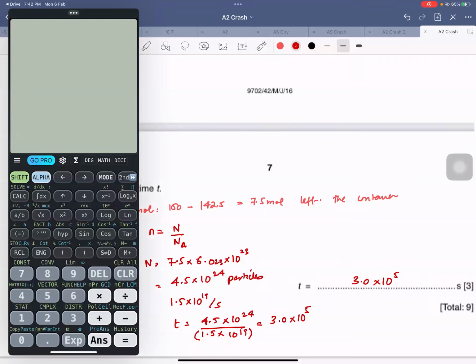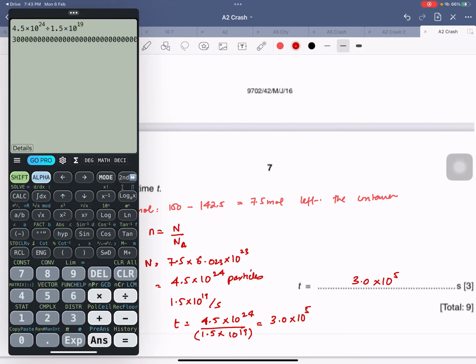Let me show you. 4.5 times 10 raised to power 24 divided by 1.5 times 10 raised to power 19. That's 10 raised to 5. The only way you can get the answer that you're claiming is when you write in your calculator something like divided by 1.5 and multiply by 10 raised to power 19.